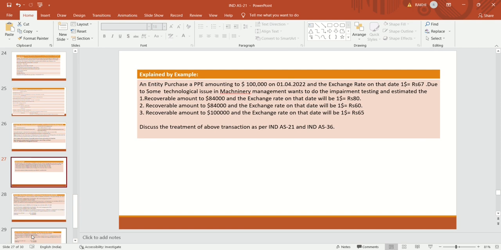This is the first case. The second case: the recoverable amount is $84,000 and the exchange rate is rupees 60 per dollar. In the third case, the recoverable amount would be $1 lakh and the exchange rate on that date is rupees 65 per dollar. Discuss the treatment of the above transaction considering Ind AS 21 and Ind AS 36.